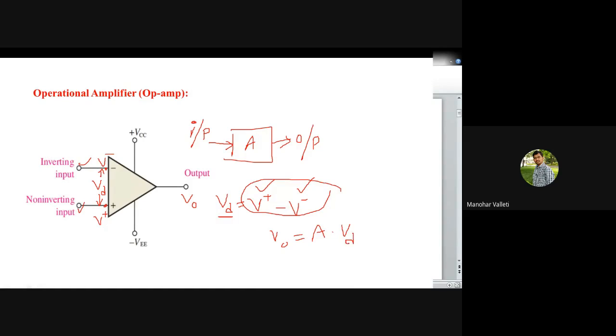So V naught equals A into Vd. This op amp, you can see here, is in open loop. The op amp is in open loop, right? Open loop means there won't be any connection from output to input.